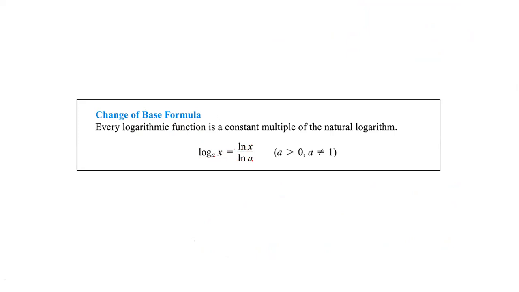Assuming, of course, that a should be greater than 0 and should not be equal to 1, because log to the base a in that case would be equal to the natural log, which is not the case. That's why this exclusion. But this rule you have to remember: log a of x equals ln x divided by ln a.